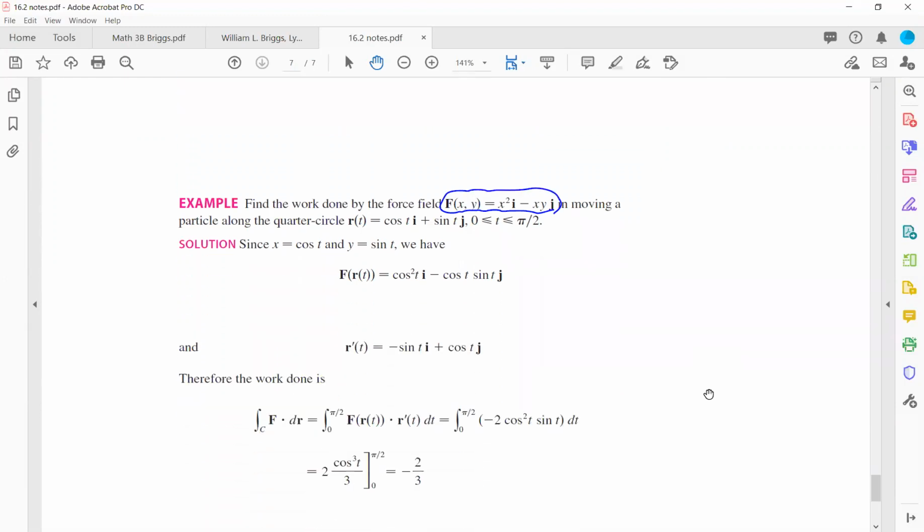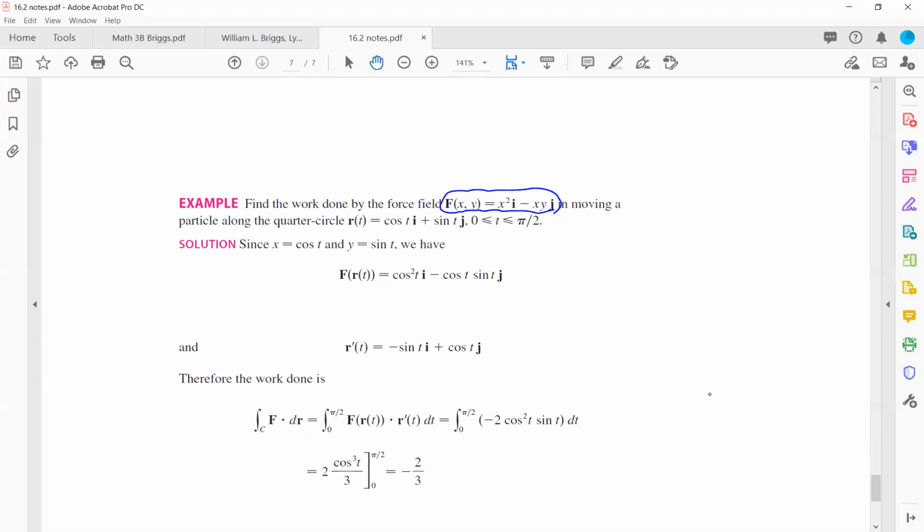Very well. To follow the formula, the integral of function F inner product dr is equal to the integral when you evaluate function F at r(t) inner product r prime of t dt.